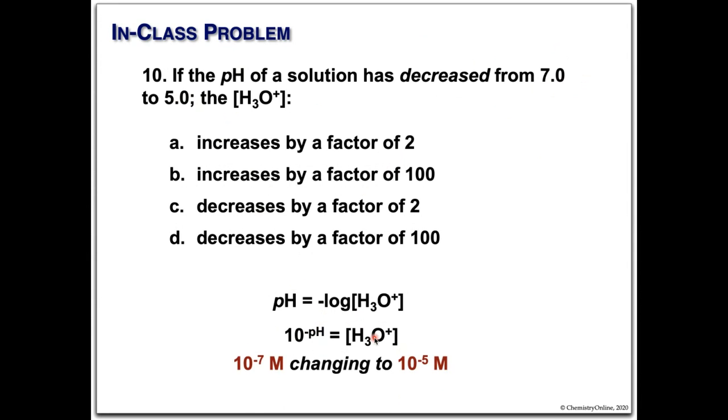Which one is bigger? 10 to the minus 7 changing to 10 to the minus 5. This is clearly a bigger number, and it's larger by 100-fold, because remember, it's a log scale. So it is increased by a factor of 100.